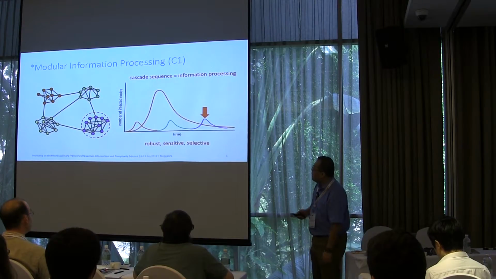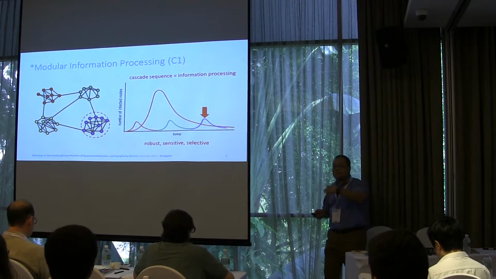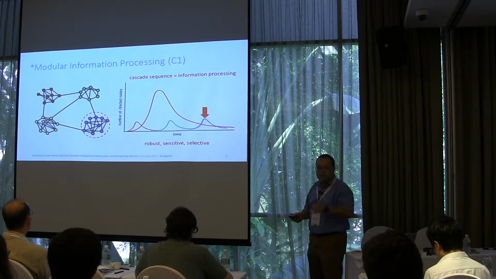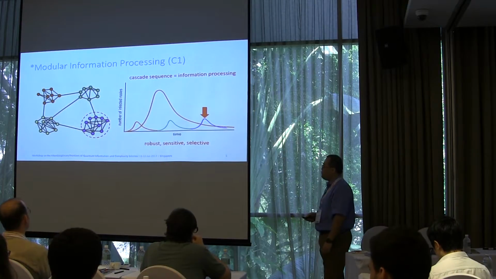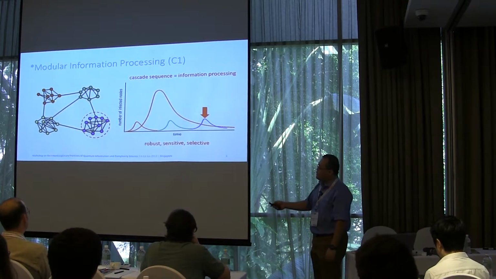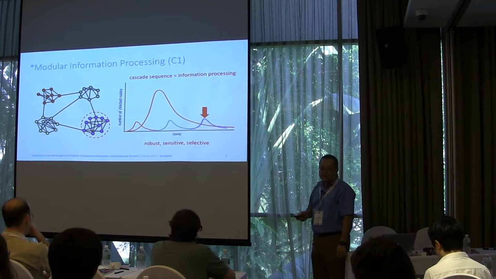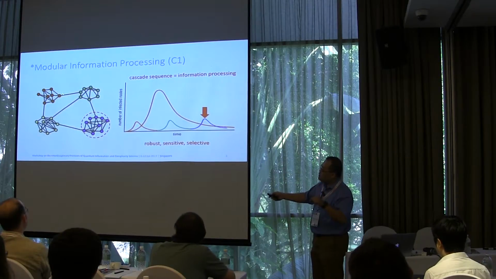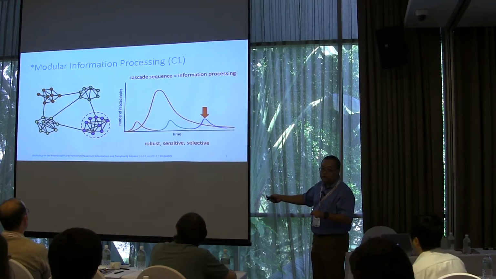Okay. And the information processing dynamics that is implemented in this way is robust because you don't have to rely on a single node. The whole module will participate. Well, not all of it, but a significant fraction of the module can participate. It is sensitive because it's amplified within a module. It is selective in the sense that if I change the input slightly in the red module, I can switch the pathway.